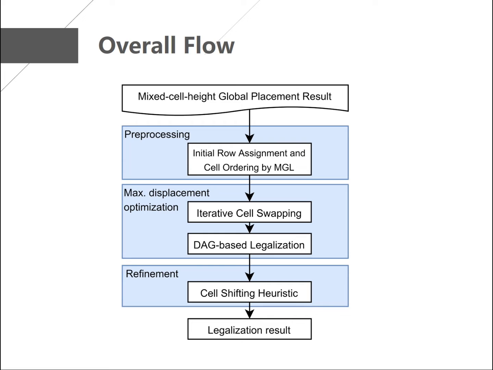Both are targeted at minimizing maximum displacement. Empirically, many cells are still movable without harming the optimal maximum displacement after the second stage. So, we decide to add an additional refinement stage to minimize total displacement. After that, we will get the legalization result.